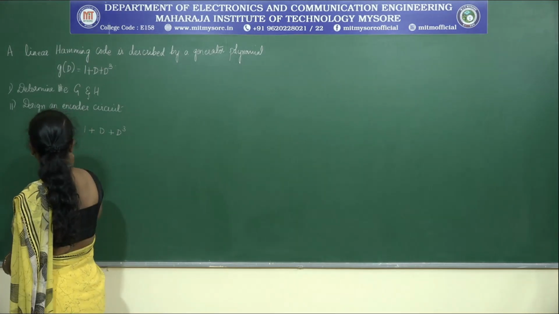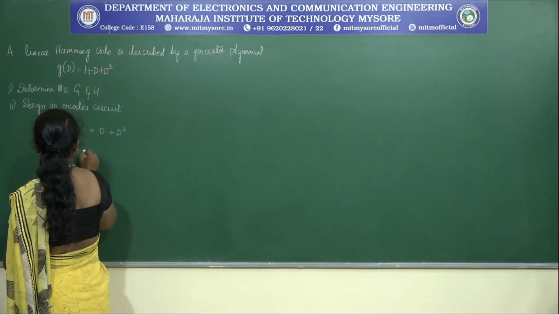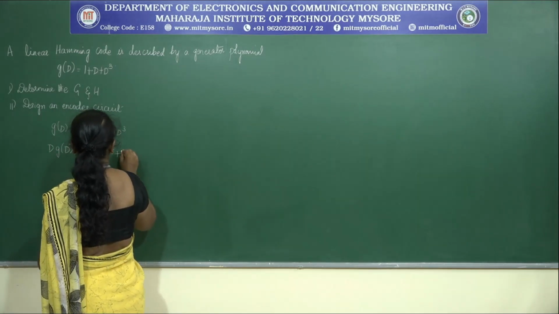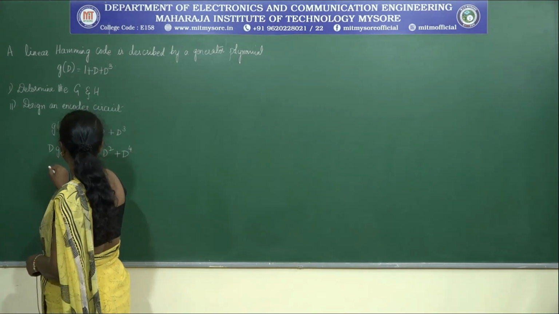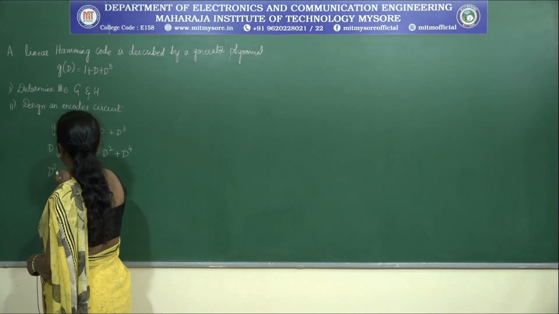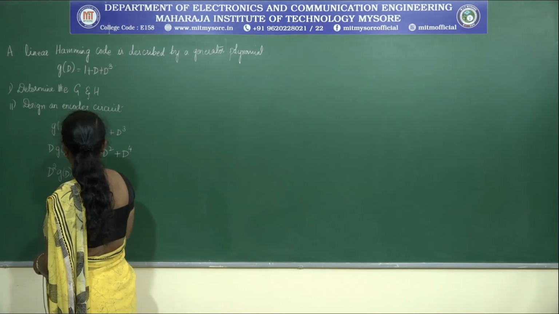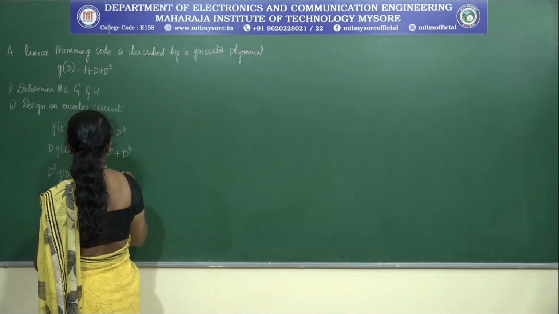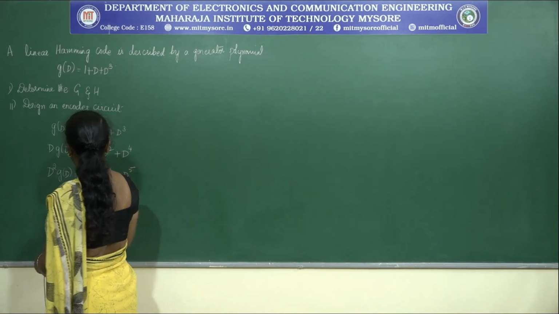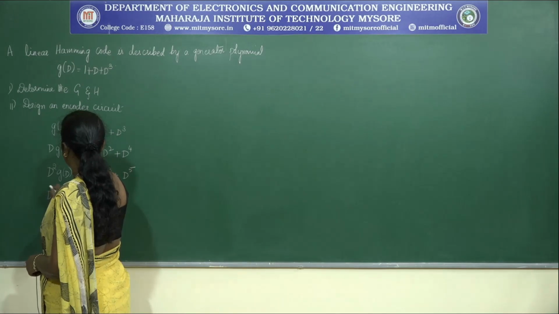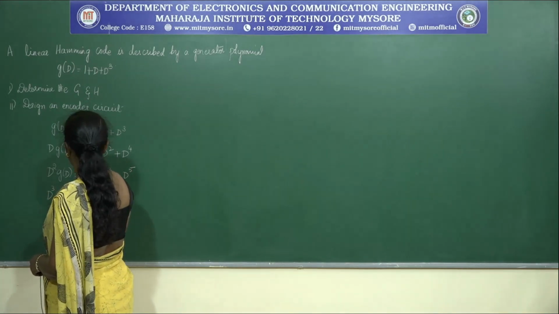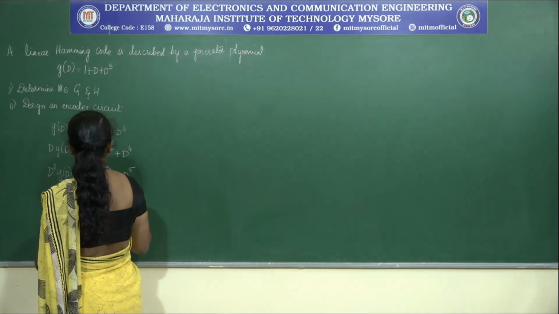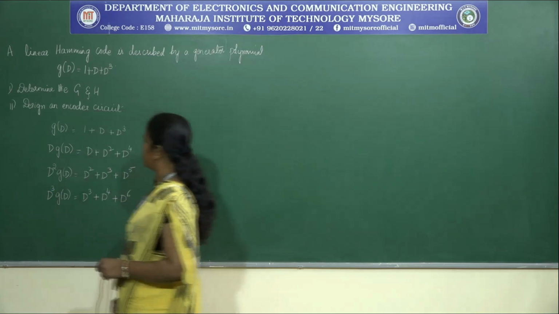So we have D into G of D, so this is D plus D square plus D to the power of 4, D square into G of D, D square plus D3 plus D to the power of 5, D3 into G of D, D3 plus D to the power of 6.